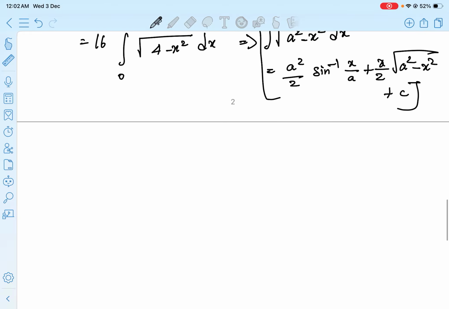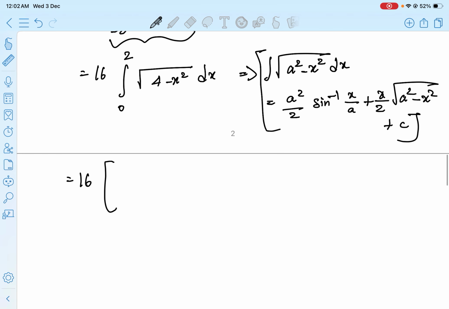Now 16, in this form we are going to write. a square equal to 4, a equal to 2.